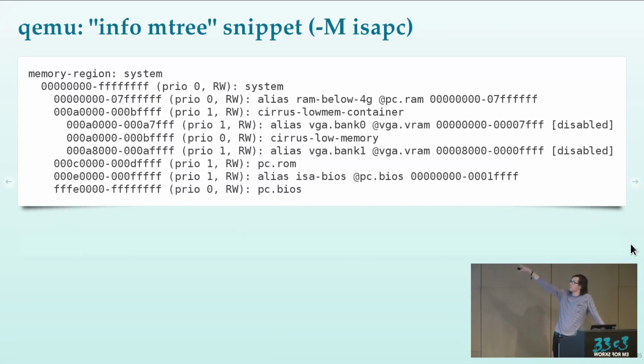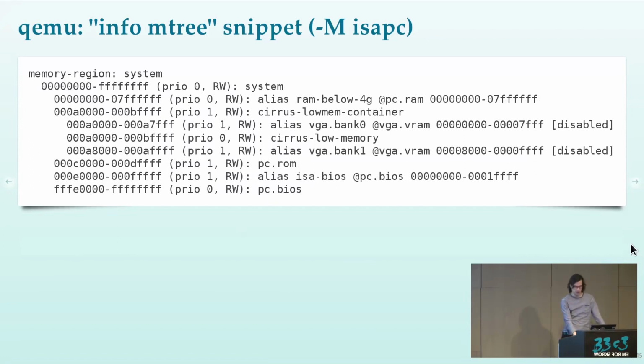In that case, the region will be enabled, and it will be visible to the guest because it has a higher priority. Here it's just priority 1. So this will overlap this low memory if it's enabled. There's then just the ROM area, there's a BIOS, and that's it for a simple ISA machine.